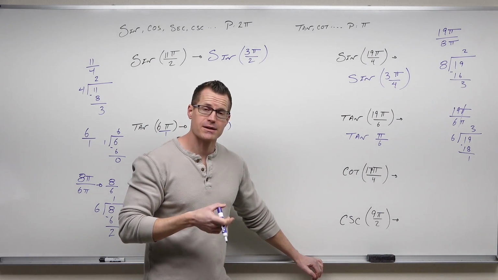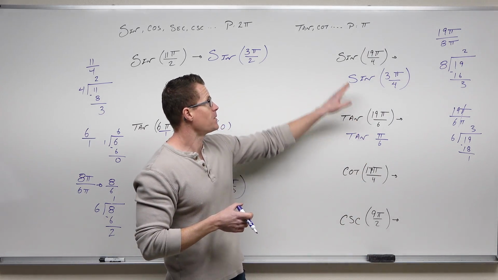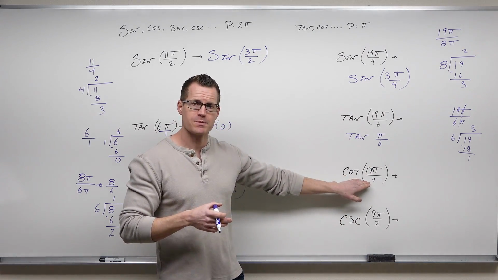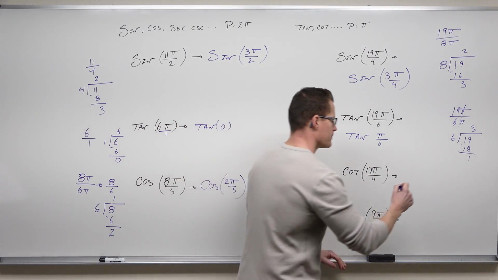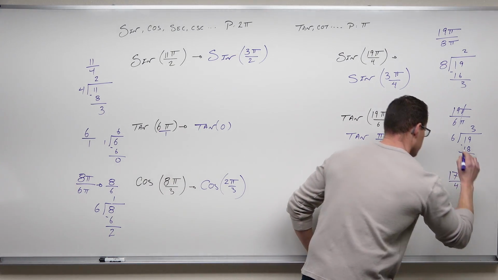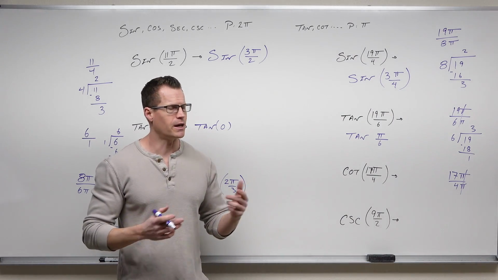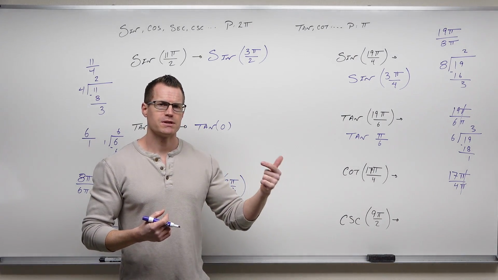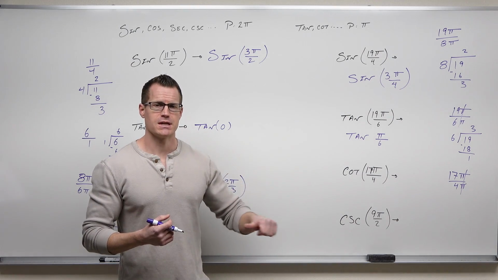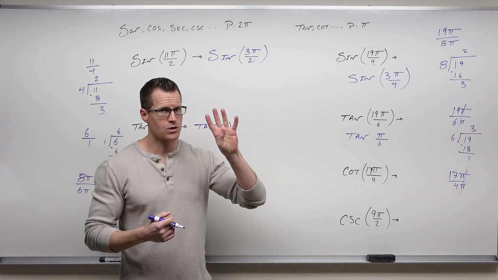Now, cotangent has the same period as tangent does. So if our period is pi for cotangent, 4 times pi gives us 4 pi. Pi's cancel. We're going to look at 17 divided by 4. Can you do it in your head? Yeah, of course you can. 4 goes into 17 4 times. It will complete 4 periods. The remainder is 1.